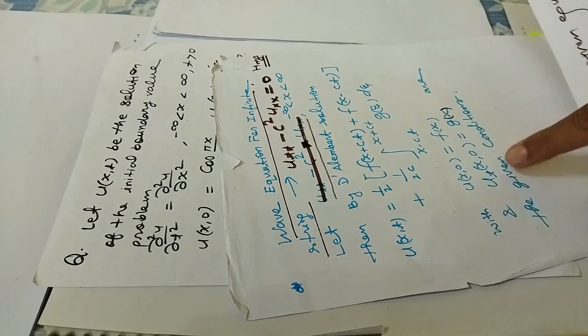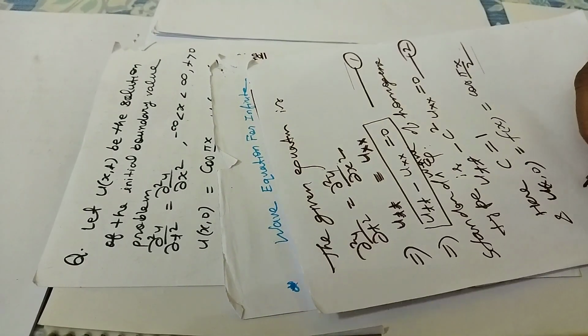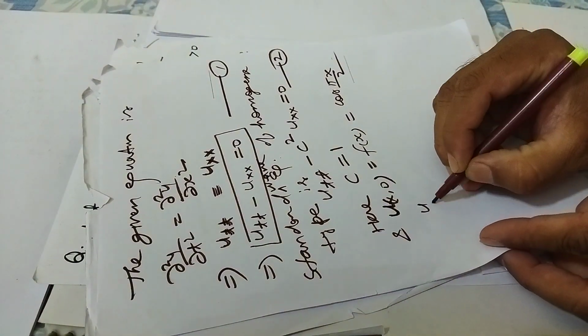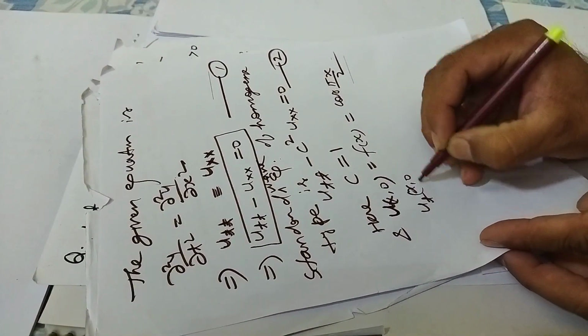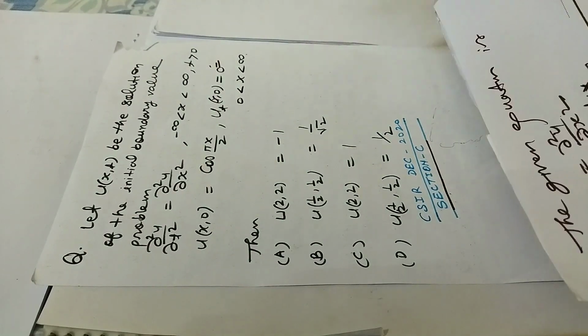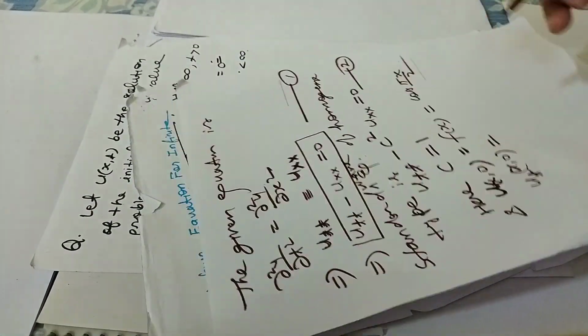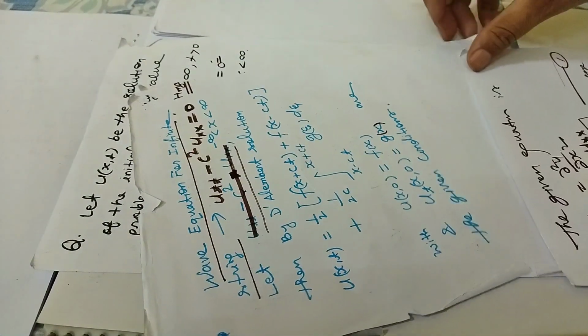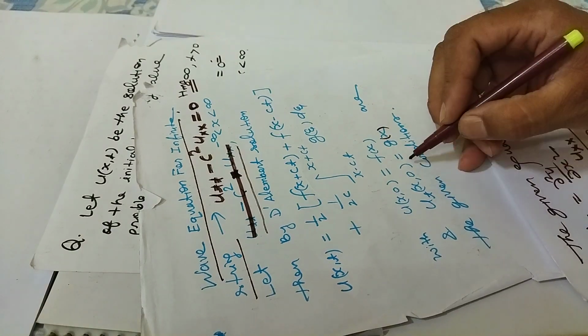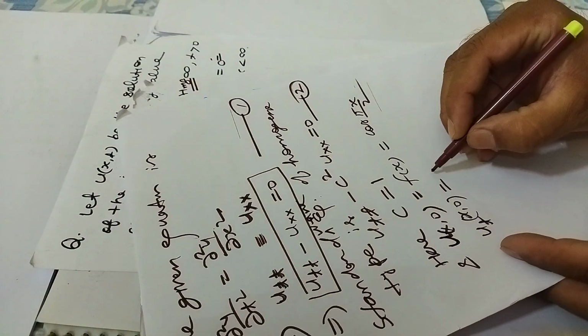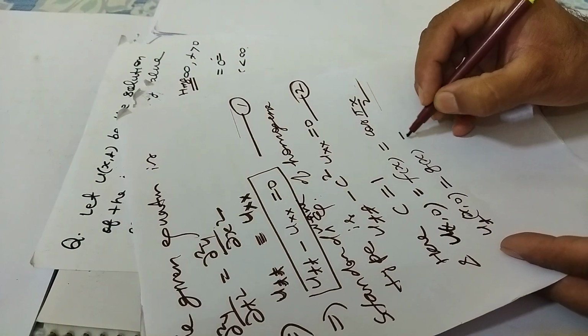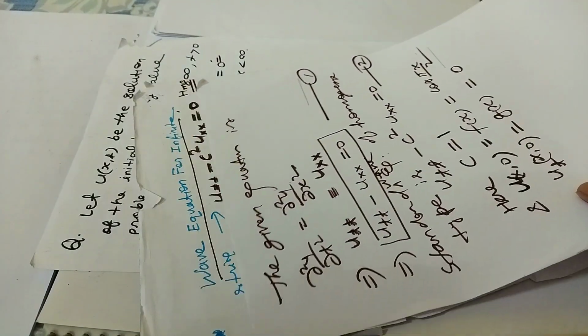And we compare u_t(x,0). As per the given question, u_t(x,0) is equal to 0. So as per the comparison, u_t(x,0) is equal to g(x). So this is g(x) and it is given to be 0.